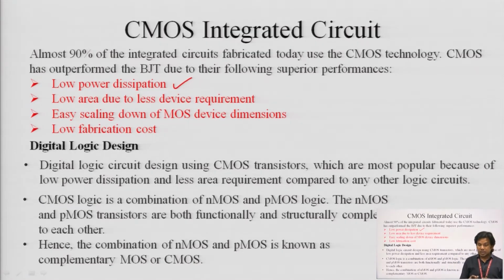So, the CMOS, you can see in the circuit, is a combination of NMOS and PMOS logic, clear, where the NMOS and PMOS transistors are both functionally and structurally complementary to each other, means NMOS is different and PMOS is different. So, in NMOS you have higher electron mobility, whereas in PMOS you have higher hole mobility. So, this combination of NMOS and PMOS is known as complementary metal oxide semiconductor, or you can say CMOS.